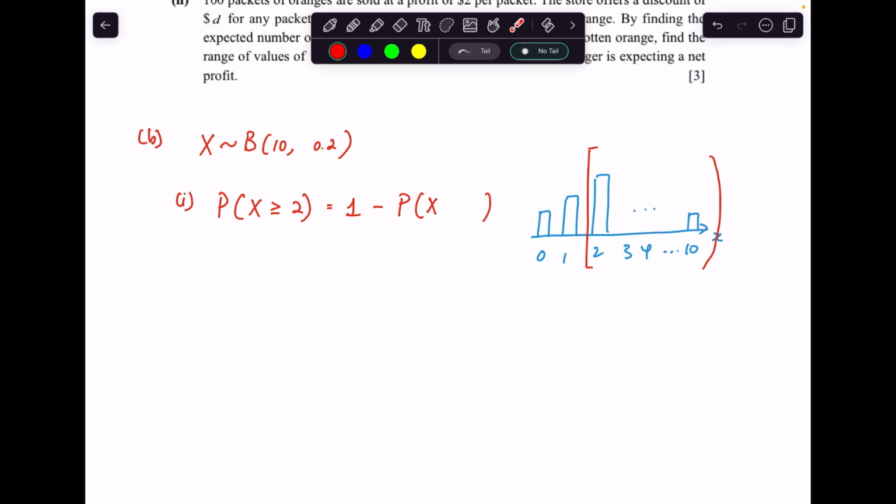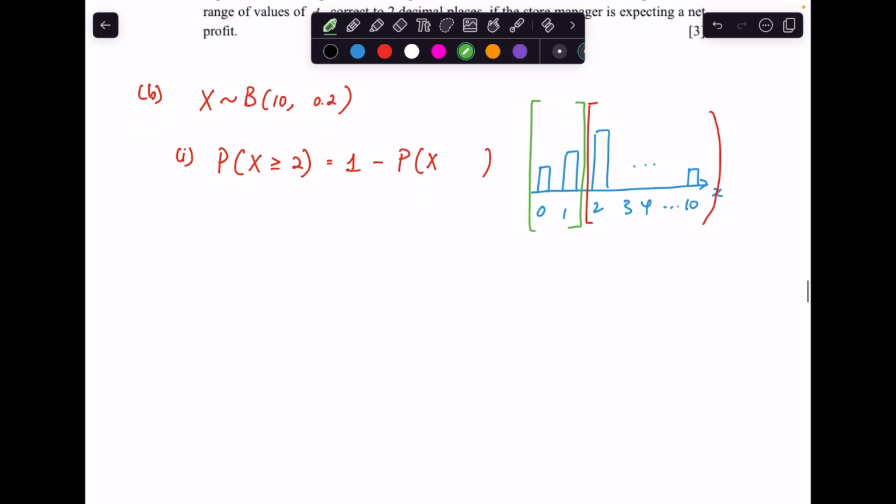So I want all this probability. How can I describe it? What I can do is take all the probability, which is 1, minus everything on the left side, which is up to X equals 1. In fact, we just have these two probabilities, this green color part.